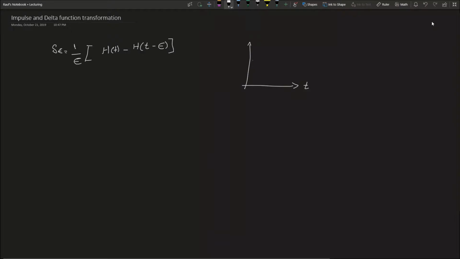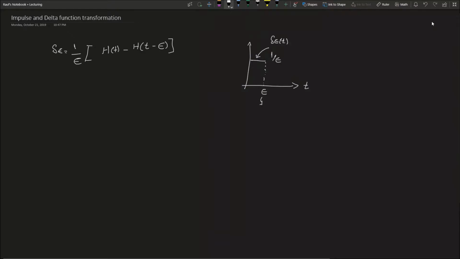So we have an impulse happening here with a magnitude of 1 over epsilon for a duration of time, let's call it epsilon, and this will represent the delta of epsilon, which is the impulse in this case, in terms of t.